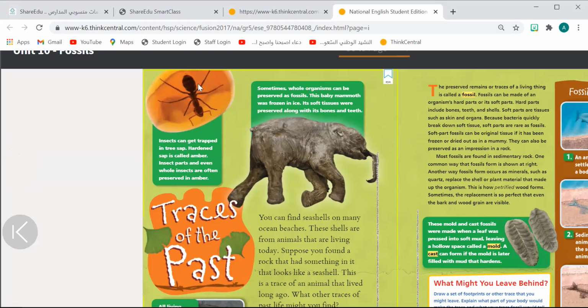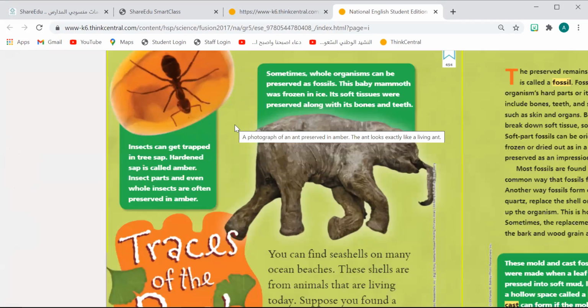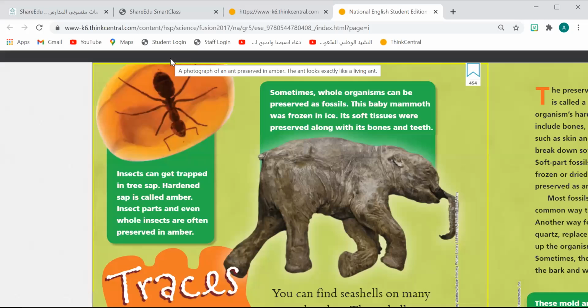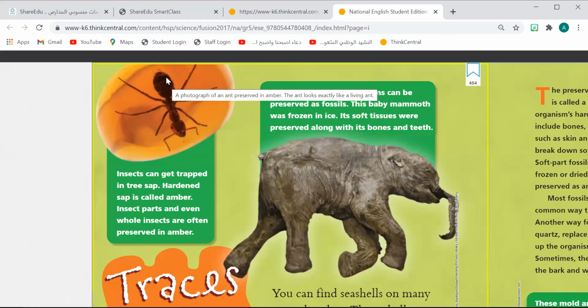How is it a fossil? It was trapped. Where? Who can tell me? It was in something, a tree sap. Excellent. It was trapped in this tree sap. After that, what happens to it? It got stuck and then it died. It got hard. Excellent.